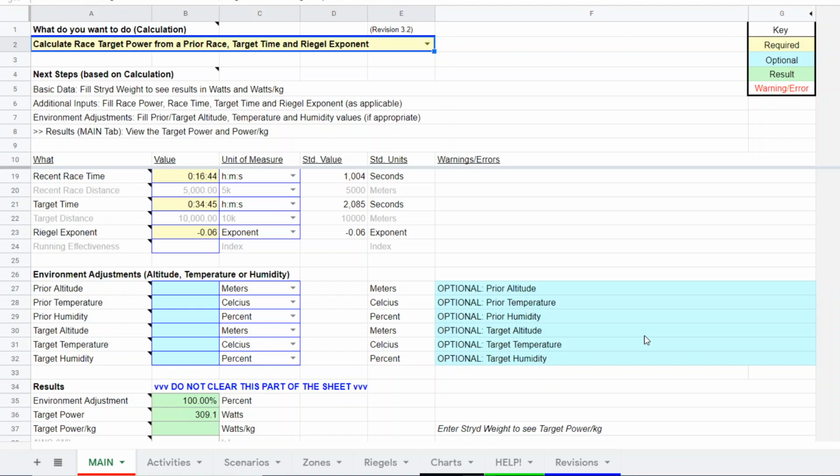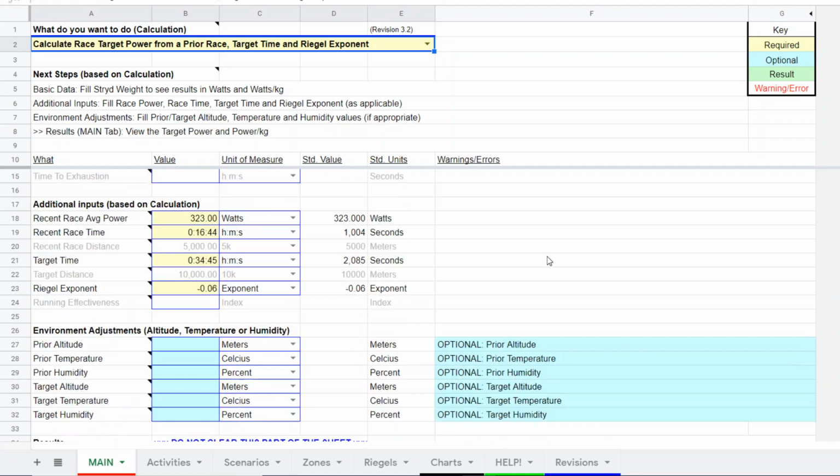The two ranges that we got using those different exponents, or the two methods, were 306 to 311 and 308 to 312 as the target range. So what I would advise this runner to do is target right around 309, 310 watts for his 10K.